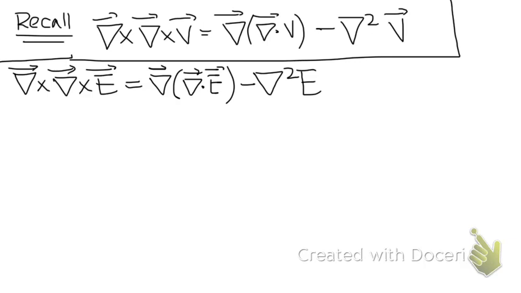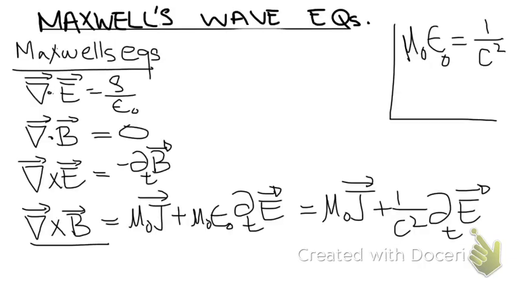right? All of this is then going to be equal to the negative curl of the time derivative of B, right? This simply comes from the fact that I have over here my Maxwell's equation for the curl of E as this.